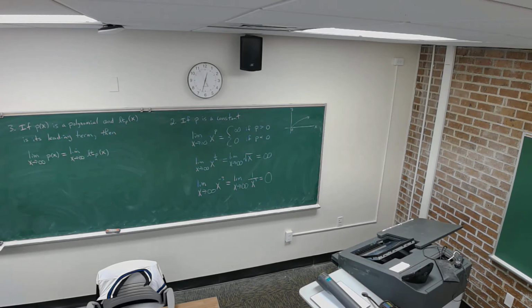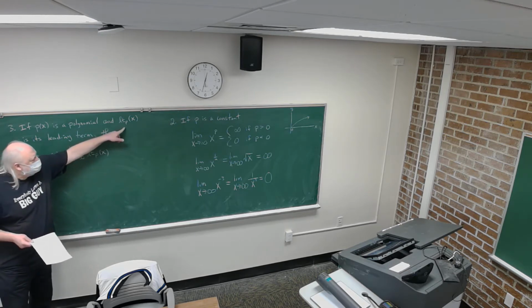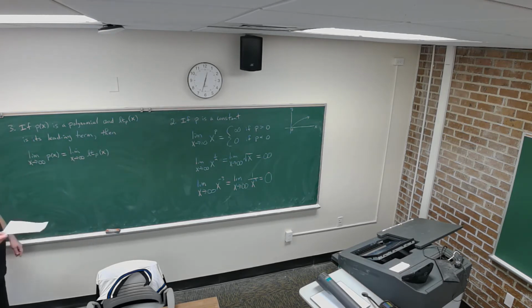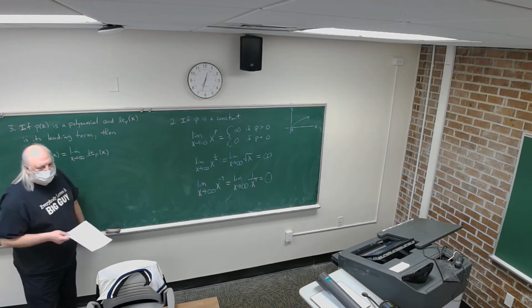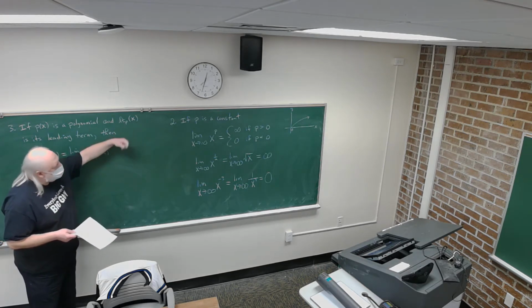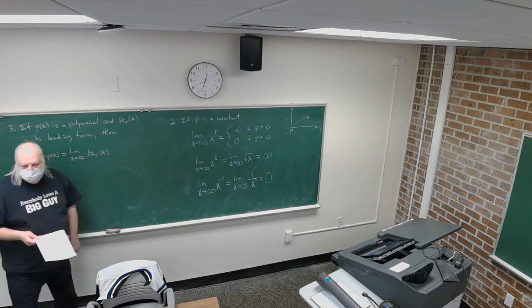So p of x is a polynomial, and LT sub p of x is its leading term, right? LT is short for leading term. Okay. P for polynomial. Independent variable is x.